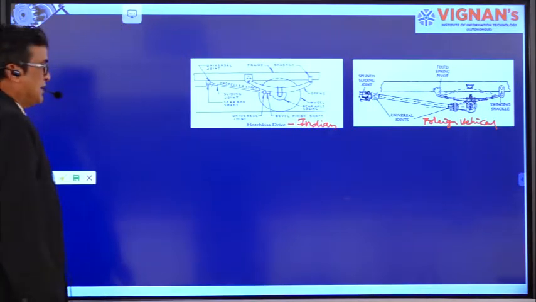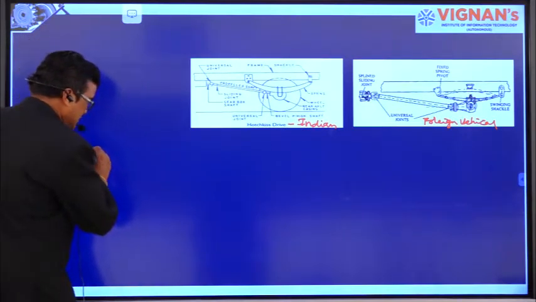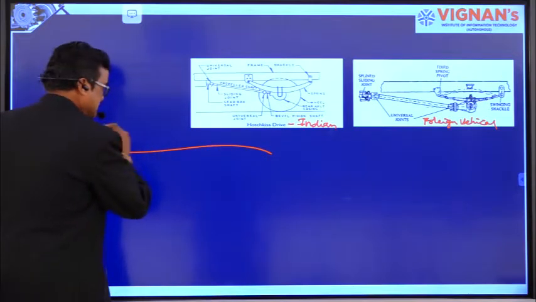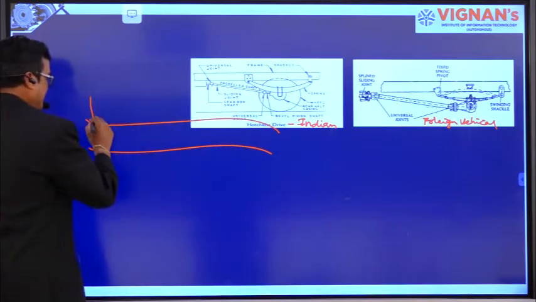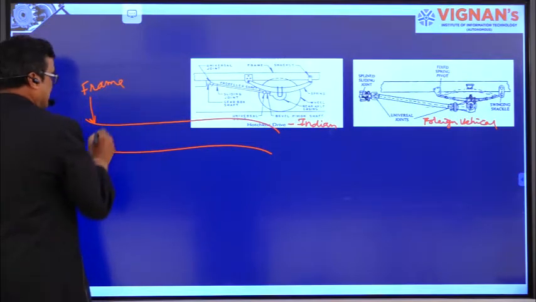The Hotchkiss drive arrangement is like this. Let us say this is the frame of the automobile. To the frame is fixed the gearbox.